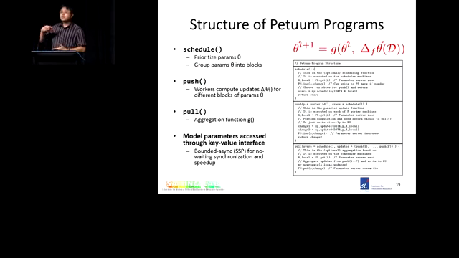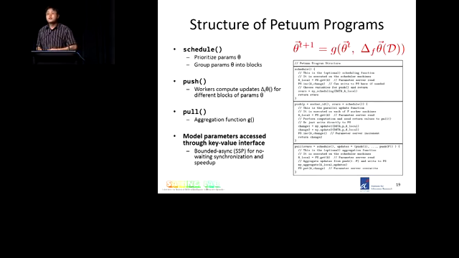On the overall structure, a Petuum program is roughly a 3-phase program we're calling schedule, push, and pull. Schedule is the function in which parameter prioritization happens, and it's where we also group these parameters into blocks of non-dependent parameters for dispatch to workers.